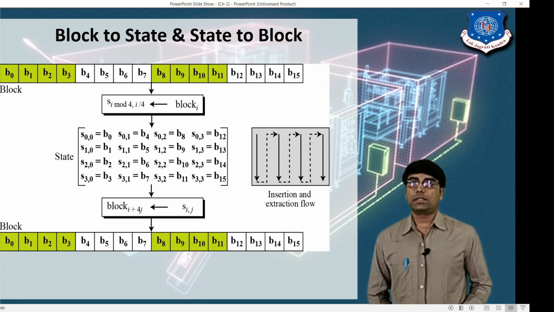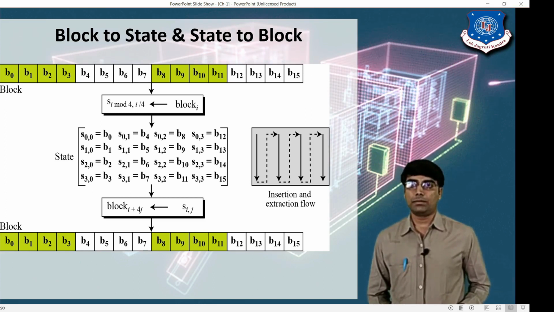Now the same thing, if I want to find the block of i plus 4j: if i equals 0 and j equals 0, then the block is 0 plus 4 times 0, so you get S of 0,0. Now if i equals 1 and j equals 1, then 1 plus 4 times 1 gives 4, so you will get S of 1,4.